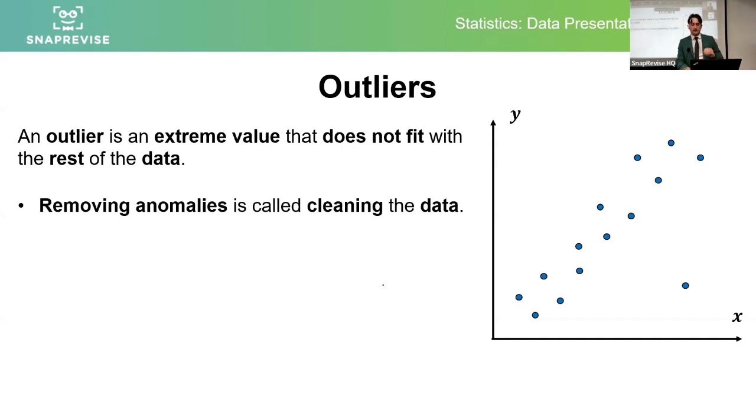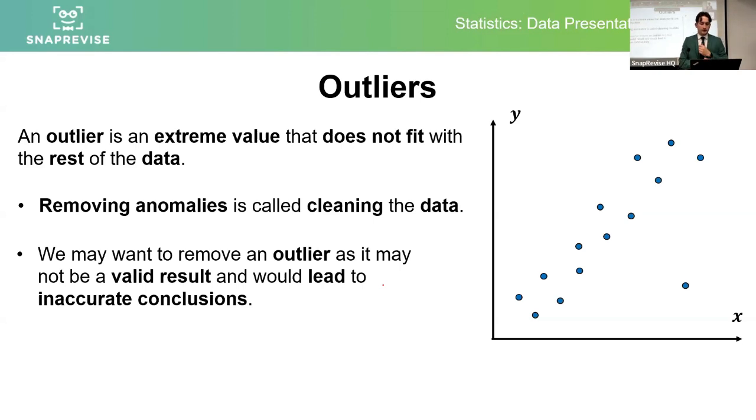So anomalies are actually errors and you would remove them. Removing the anomalies is called cleaning the data. But we might want to remove an outlier if it would lead to inaccurate conclusions. But we need to set a boundary of when we consider it an outlier.